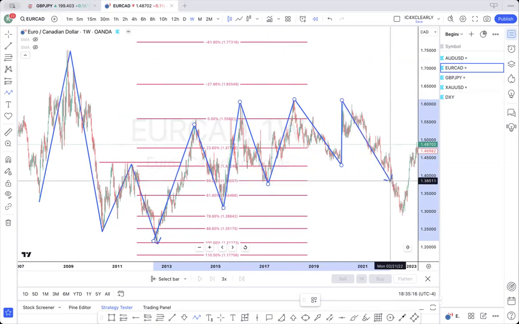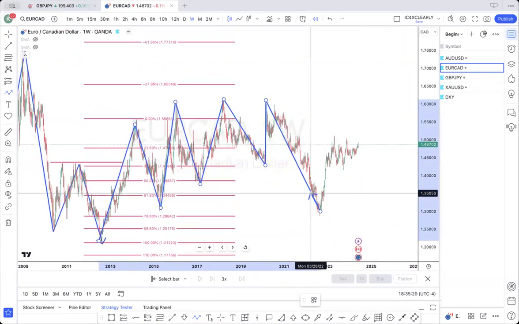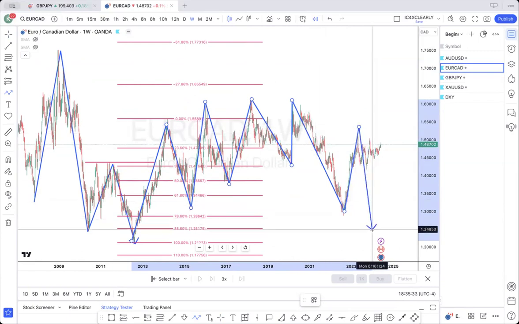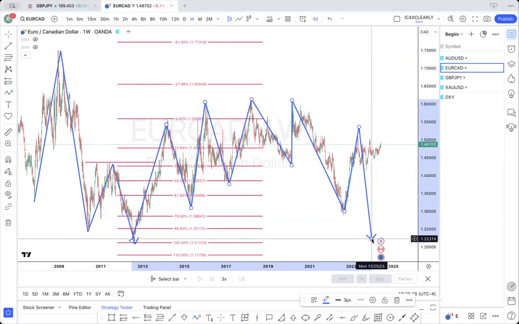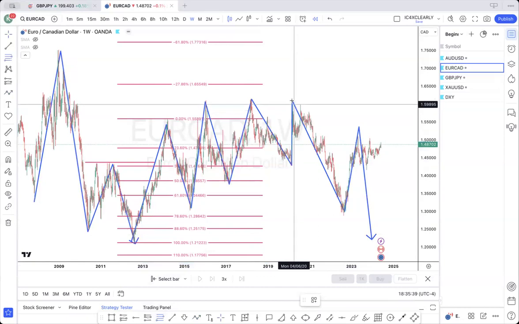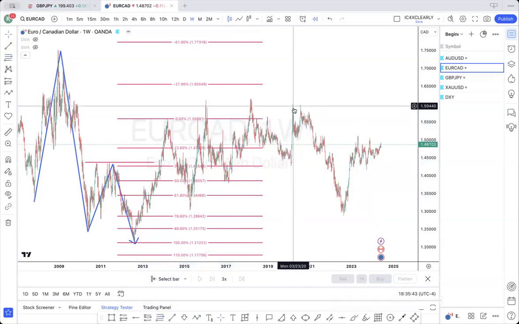So it broke this low here. So now I would be expecting price to pull back somewhere up in here, which is probably the 78 or the 88. You see there's imbalance right here that hasn't been mitigated, to then either continue to sell down. And let's fib that move. Let me move these lines so I can see.